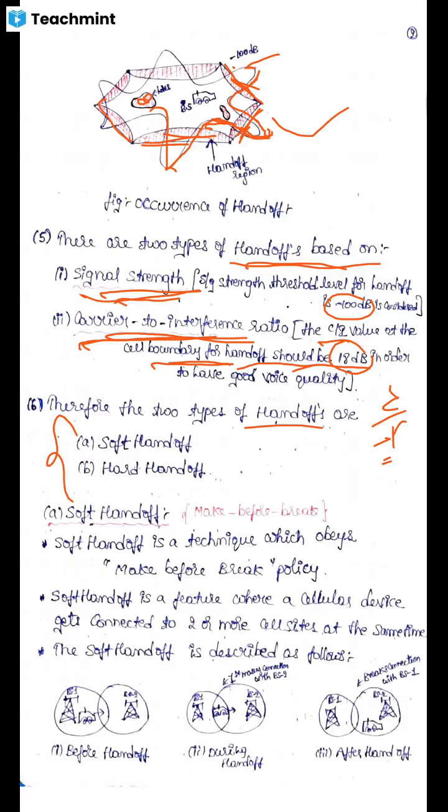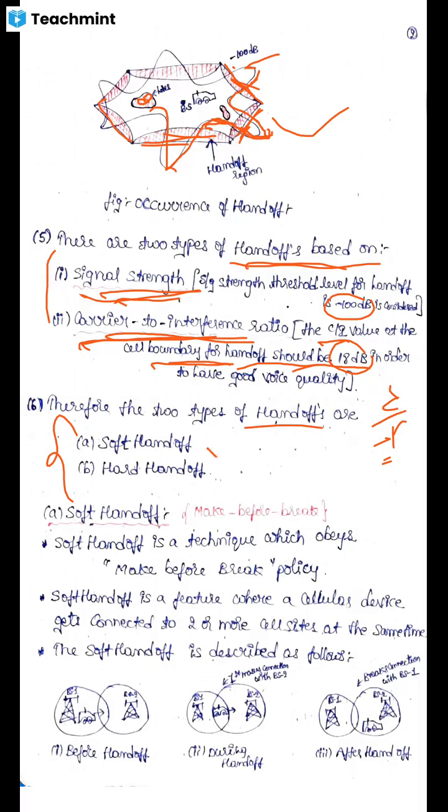If there is no 18 dB, what does it mean? There is a poor signal strength, that is, a poor carrier to interference ratio. Then handoffs should be initiated. So there are two types of handoffs based on signal strength and carrier to interference ratio.